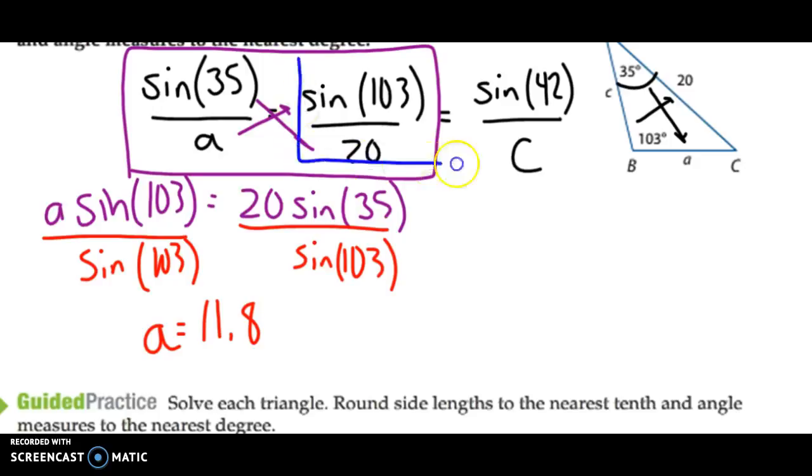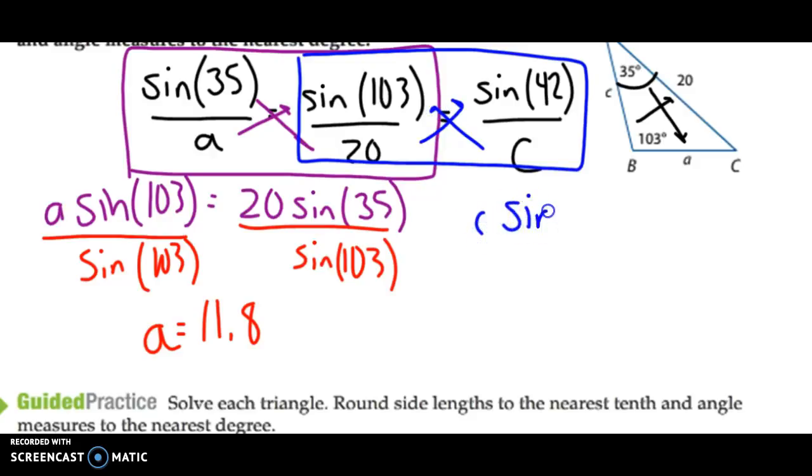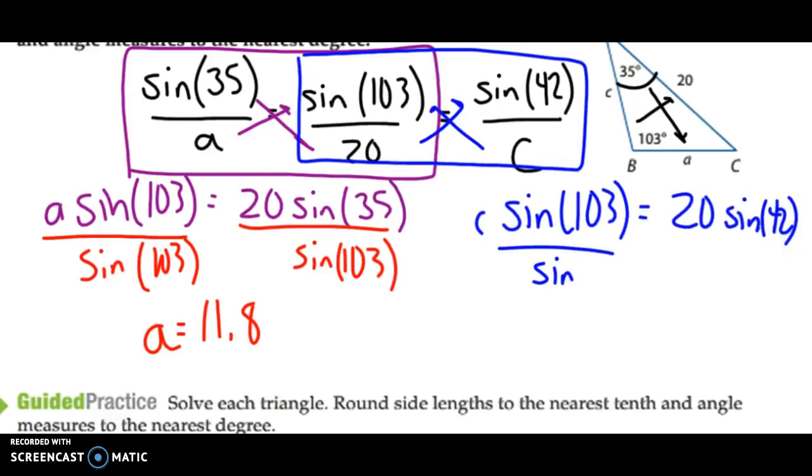Now, let's look at this one. Sine of 103 over 20 is equal to the sine of 42 over C. Cross multiply the same as I did before. So C sine of 103 is equal to 20 sine of 42. Divide by sine of 103.